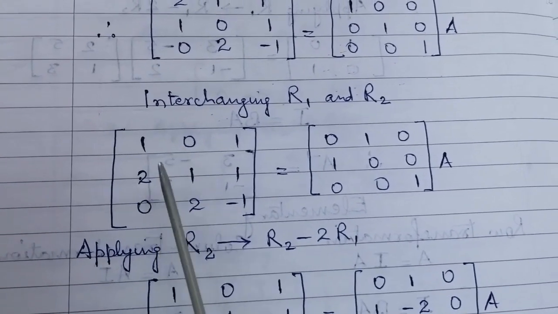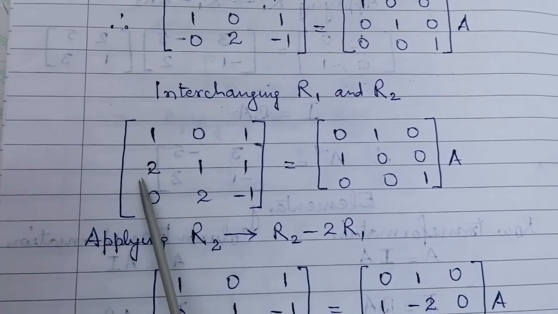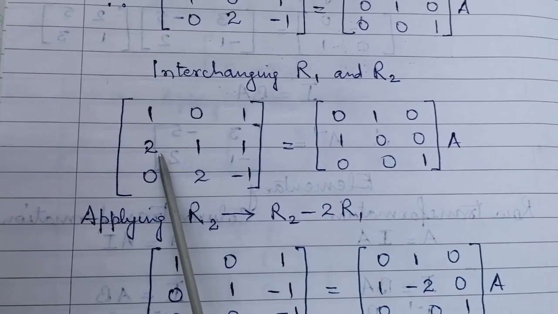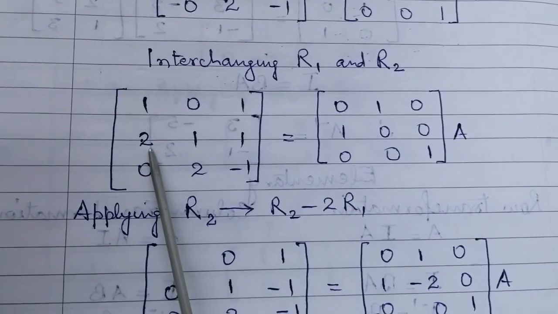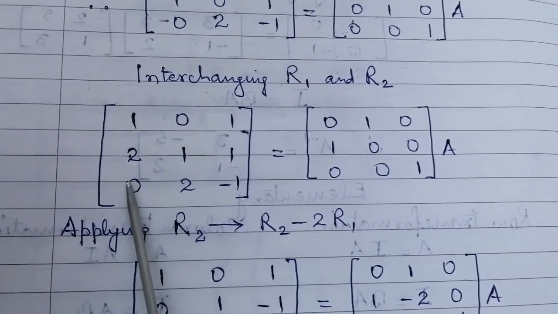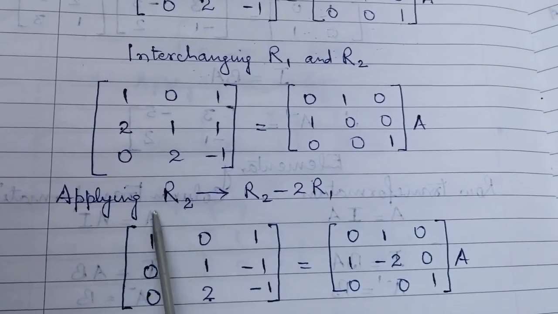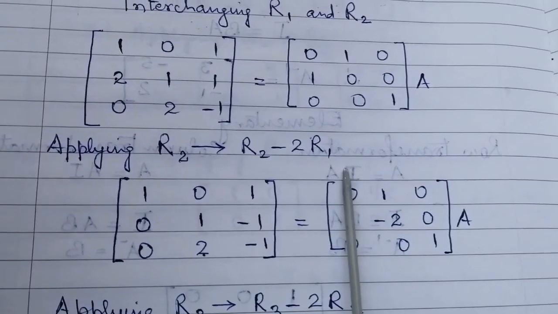Now we come to the second position, 1, 2, 3. So here at the second place we should have 0, right? So how do we get 0? 2 minus 2 will be 0. If you have 2 here, on the second row I am applying R2 minus 2R1.